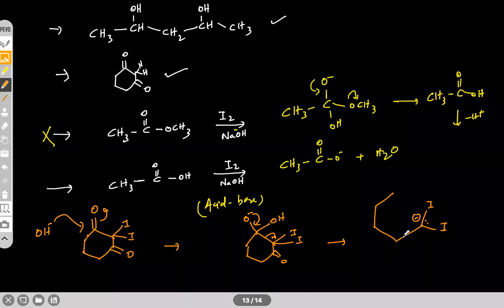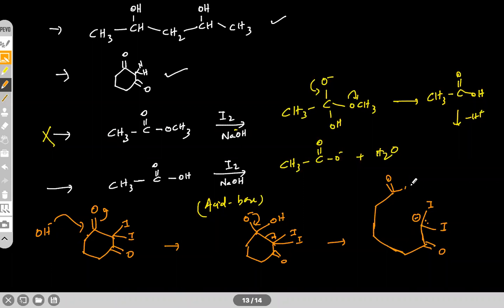Okay. Is it right? 1, 2, 3, 4. One more carbon atom we'll have here. Just a second. I'll just correct it. So here we have it like this, okay? And here we have double bond O. Double bond O, OH. Then what happens is H comes over here.